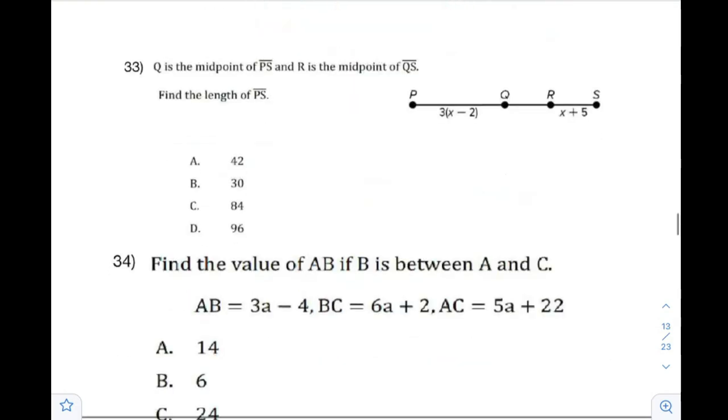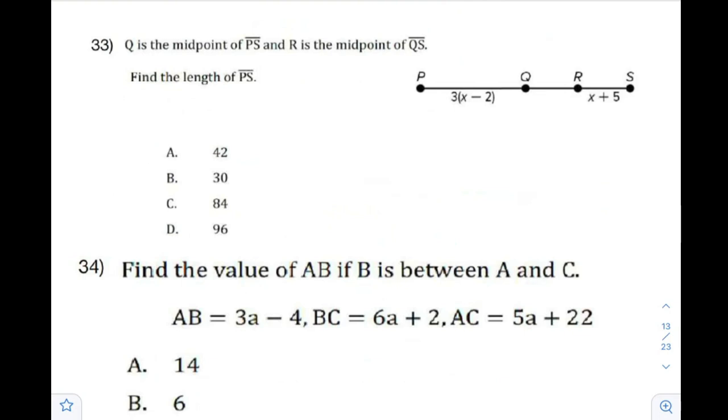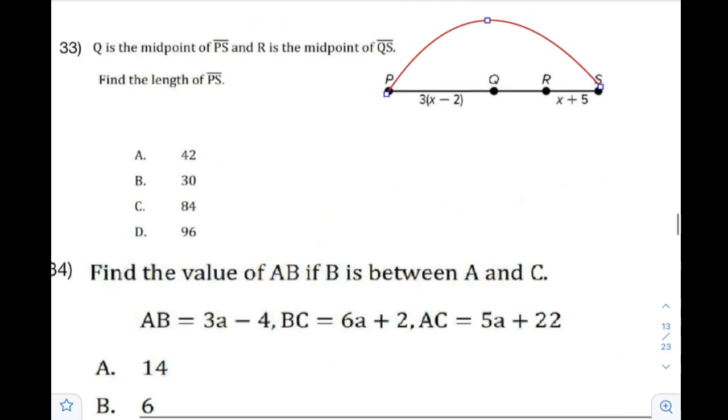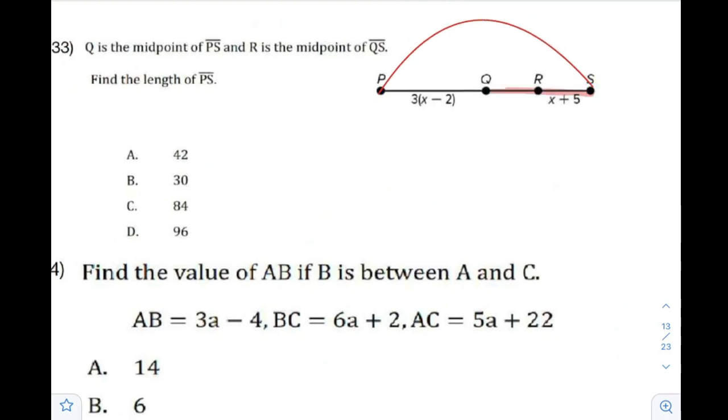Question 33, Q is the midpoint of PS. So if this is PS, Q is the midpoint, means this part is equal to this part. Not only that, he is giving you another condition, R is also the midpoint of QS. That means this part is equal to this part.